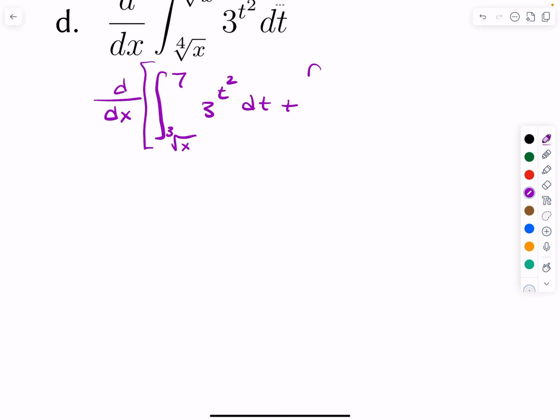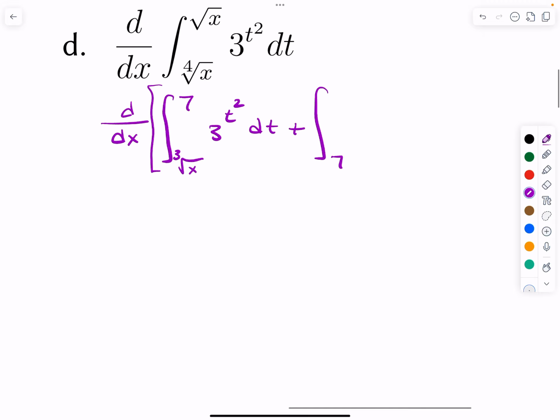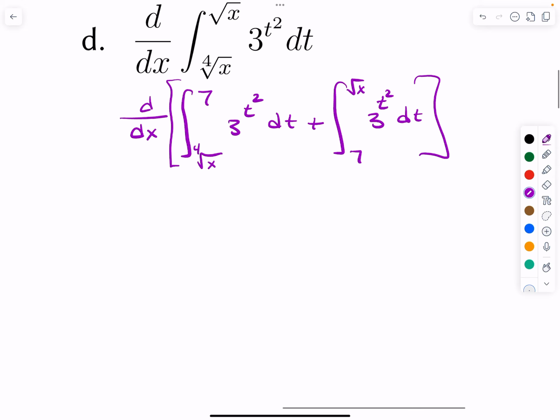So this is plus the second one goes from 7 to the square root of x. Oh, that's the fourth root. 3 to the t squared. Now, of course, with this first one, we're going to have to flip this thing around. So let's do that. And in fact, let me just write this one first.